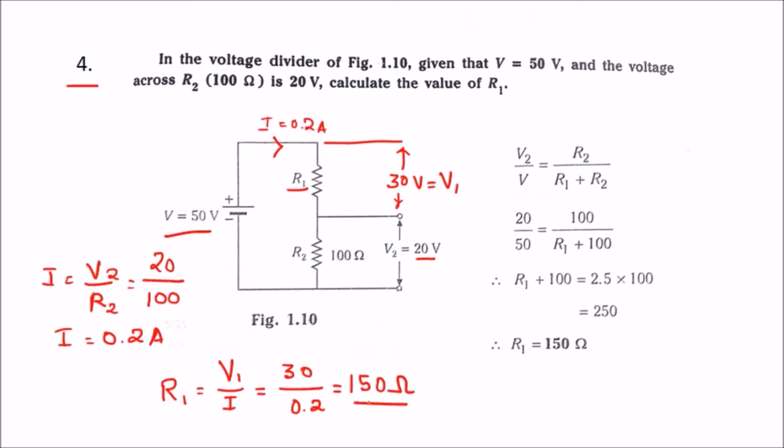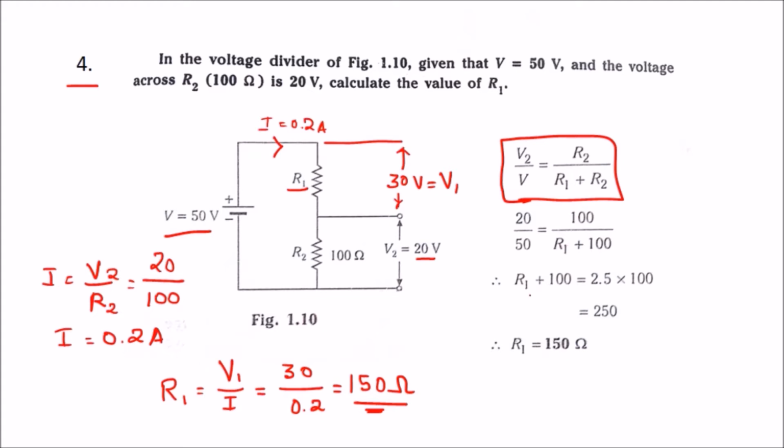The other way to calculate the value of R2 is using this formula, that is V2 is equal to V times R2 divided by R1 plus R2, that is the equivalent resistance. So V2 is 20, the supply voltage is 50. We know that R value 100 divided by R1, we are yet to find that, plus 100.